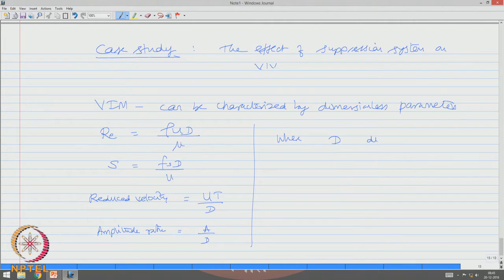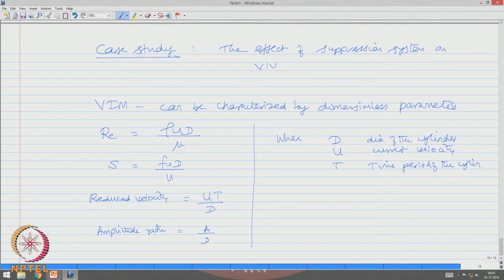D is the diameter of the cylinder, U is the current velocity under study, T is the time period of the structure.